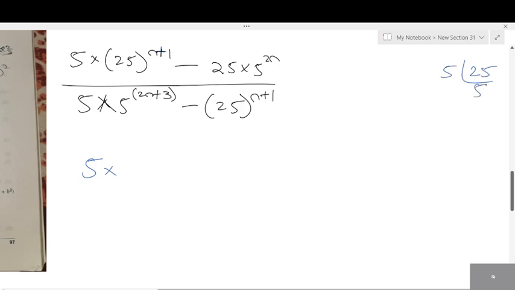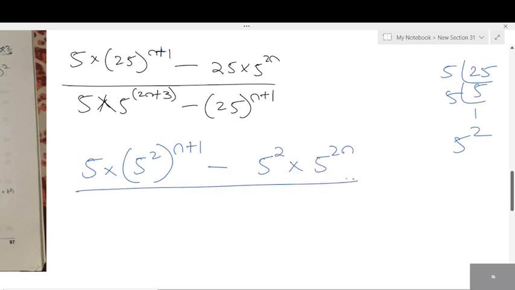So what is 25? 5 square. So I have to write it as 5 square to the power n plus 1. Next, 25. What can I write 25 as? 5 square into 5 to the power of 2n, divided by 5 into. See, factorize. You can't further factorize 5. That's the maximum. 2n plus 3.